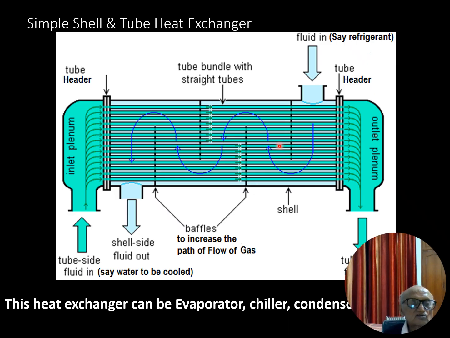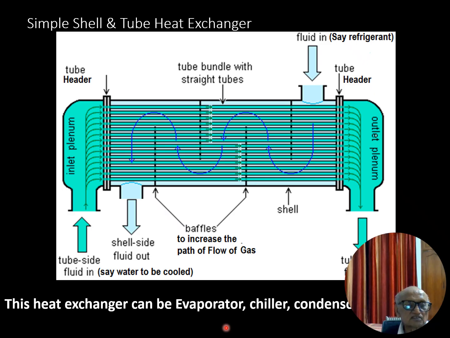Friends, two of the main components of central air conditioning systems are the condenser and the evaporator. Evaporator is otherwise known as chiller in the case of chilled water systems. Both of these are simply heat exchangers.